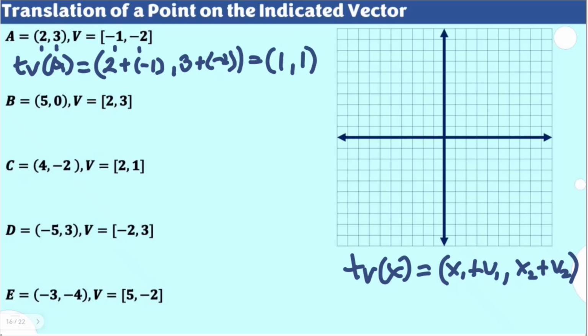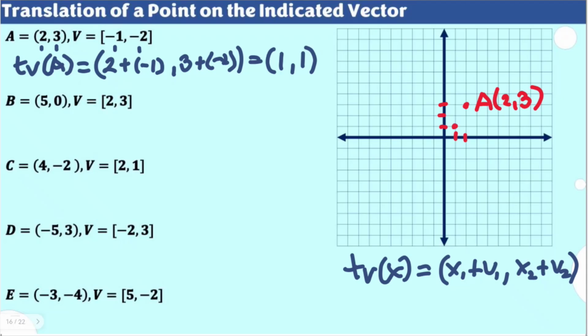This is its translation. Let's try to look at that in our Cartesian plane. Considering that our Cartesian plane here actually has grids of 1, our A is at 2 and 3. This is our A, okay, at 2 and 3. So its translation, using the vector negative 1, negative 2, is actually at 1 and 1.